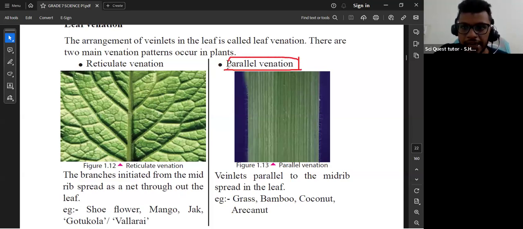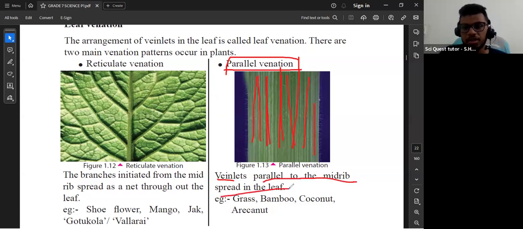Parallel venation is where you can see the veins arranged in straightforward columns. So see, not every plant has parallel venation. It's like this: veins and veinlets. Veins divide into veinlets, which spread parallel to the midrib in the leaf. So it's parallelly located.